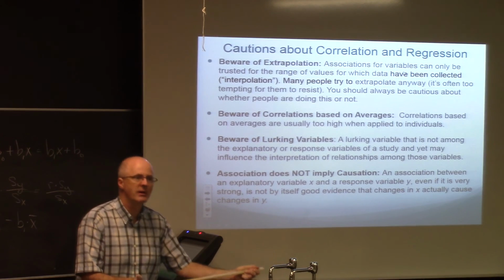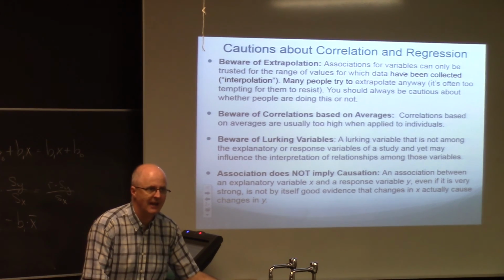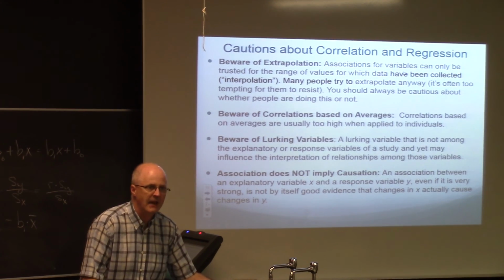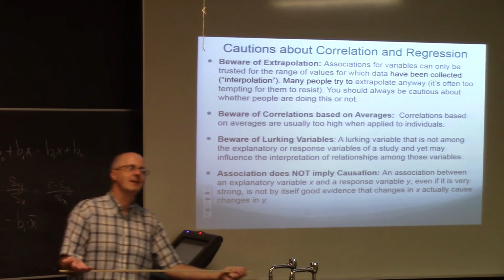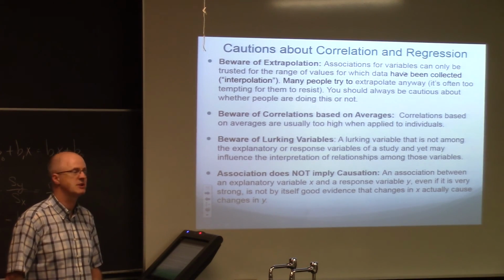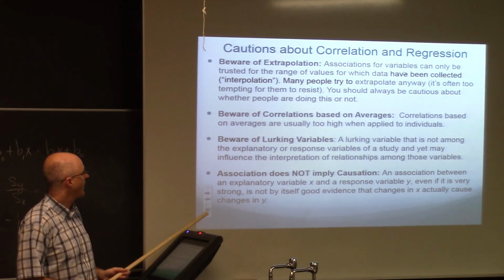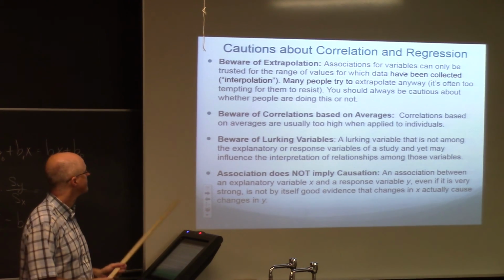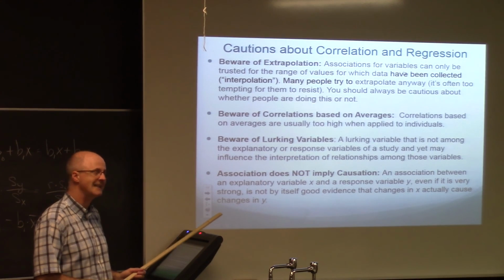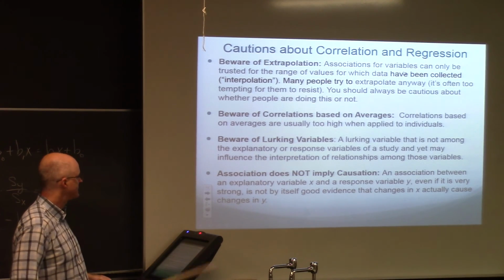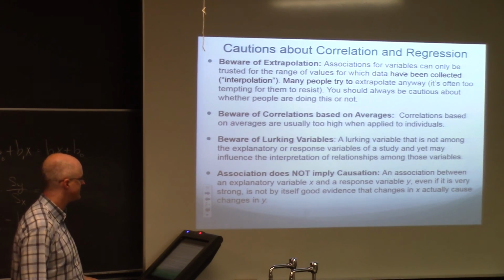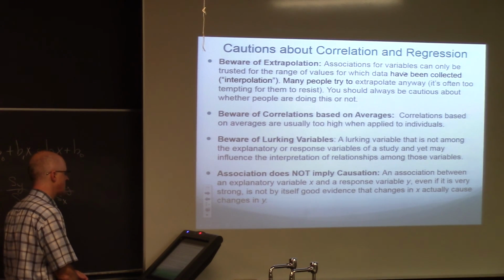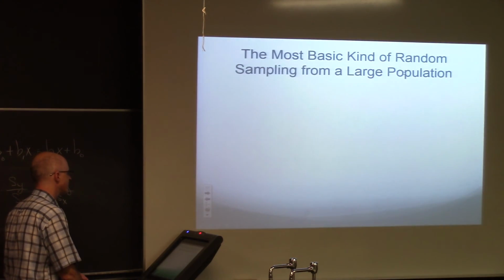It's dangerous, but I will tell you people try to do it because it's kind of fun and tempting and they just can't resist. Okay? But you as a consumer of information should beware. Also beware of correlations based on averages. They're higher than they would be for individuals. Beware of lurking variables like I mentioned last time. And also, like I mentioned last time, association does not imply causation. Make sure you read about these and think about them.